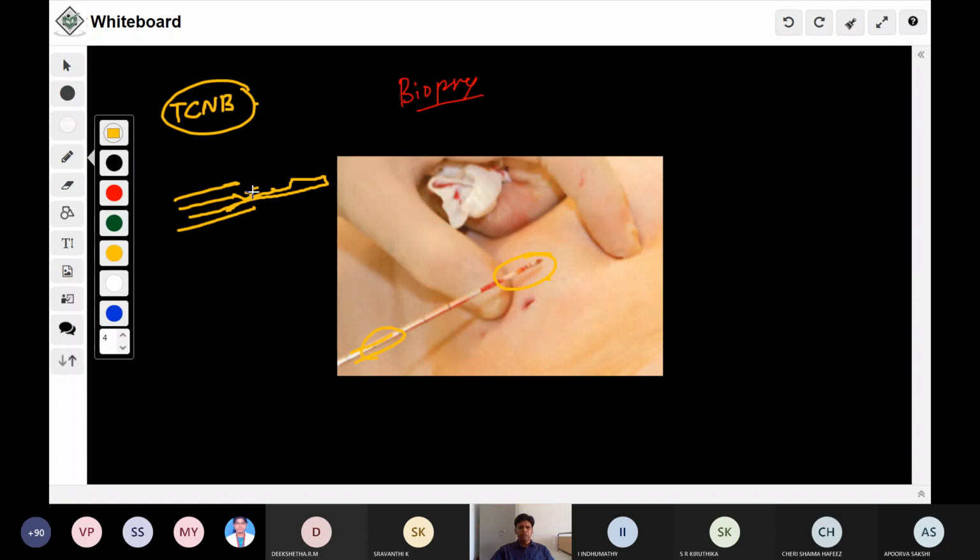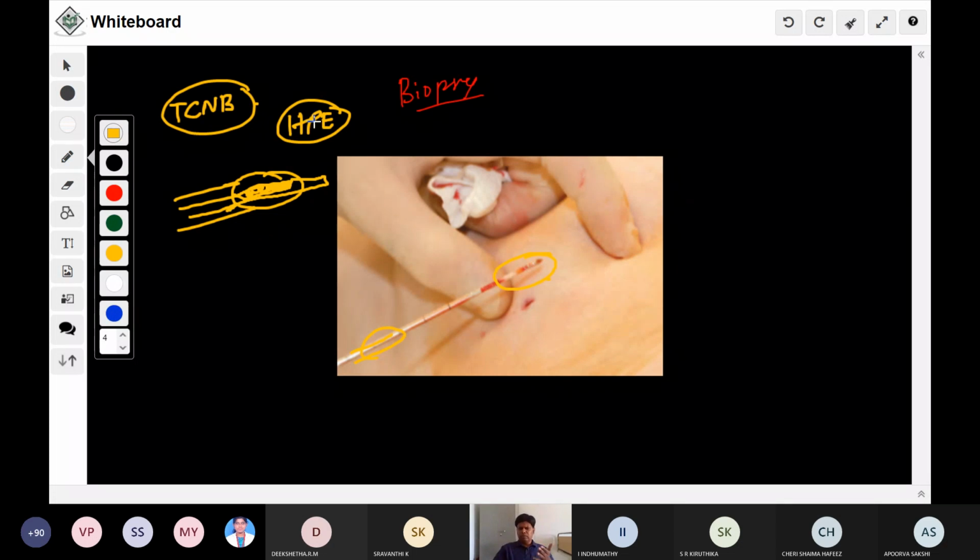Some part of the tissue gets deposited in this small trench, and you can take out the needle and collect this material. You can send it for histopathological examination. This is an OPD procedure. You give local anesthesia, make a small nick, and then using this special true cut needle biopsy device, you can do this procedure.